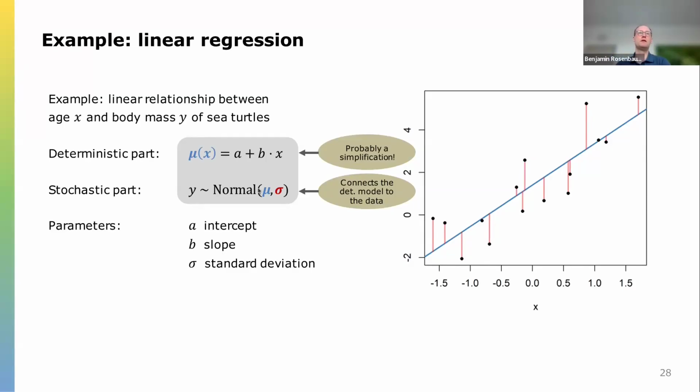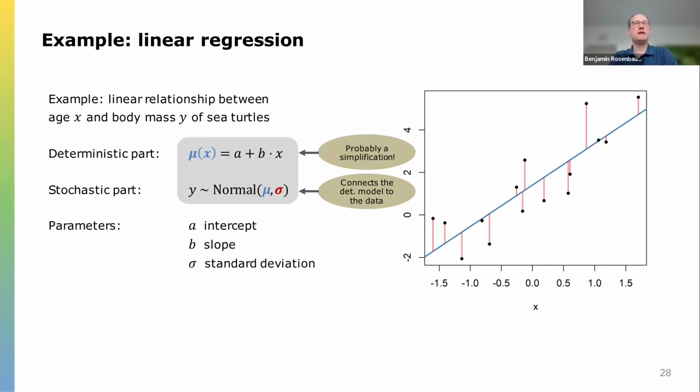So we also have to include the stochastic part in the model. That means that the actual responses here, the actual observations, are in this case normally distributed around the predicted mean with some standard deviation sigma. And this is a statistical model for linear regression with one predictor, and it comes with 3 parameters.